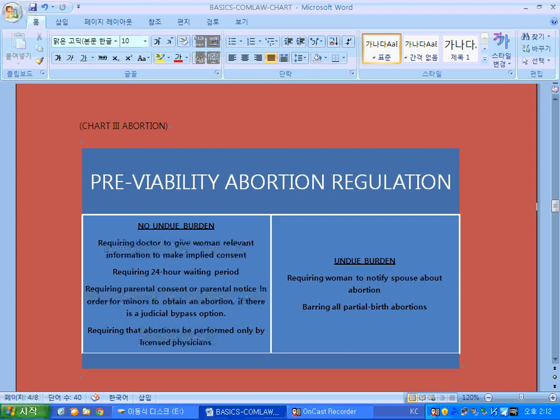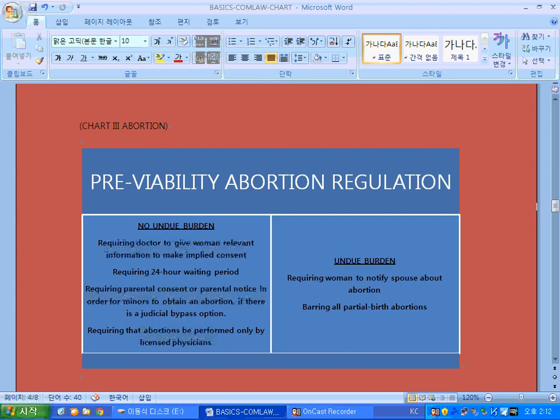Typically, abortion and contraception and gay rights or others would be raised as a frequent subject in this area of law.